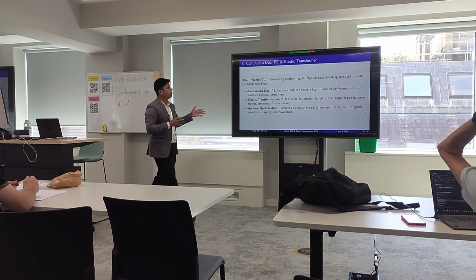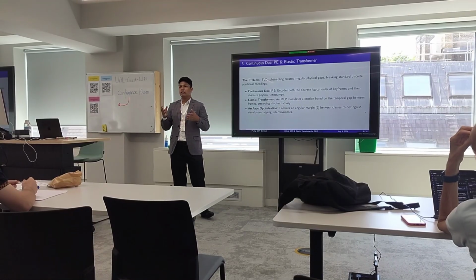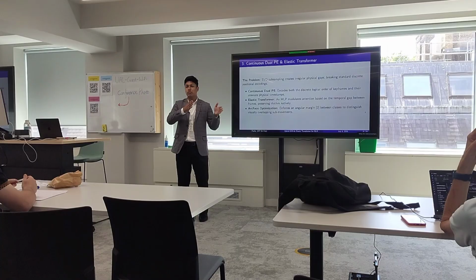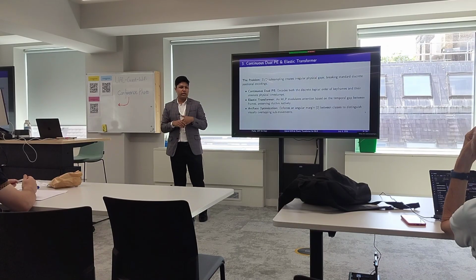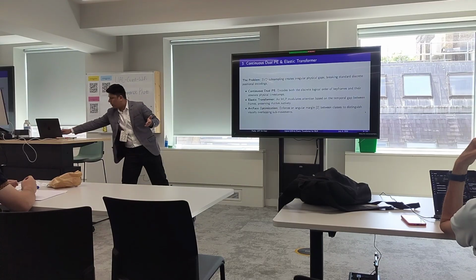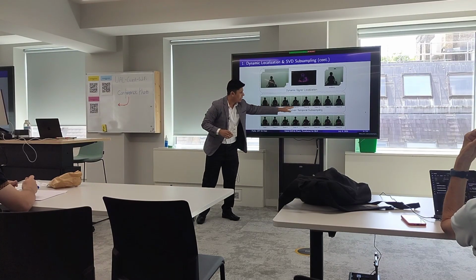Now about the continuous dual position encoding in the elastic transformer. As I told you, the temporal information is now not preserved because it's not a uniform sequence. So what we did, we take two types of sequence. Let's say, if I go back to this one, there are frames 1, 3, 9, 11, 13.